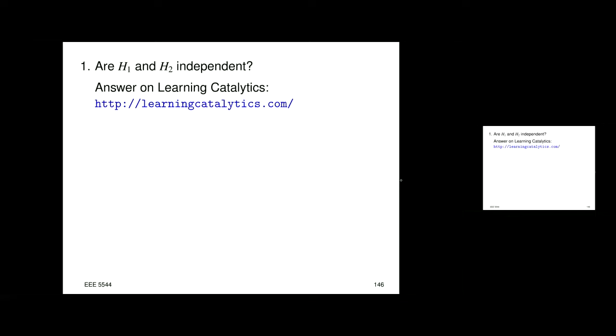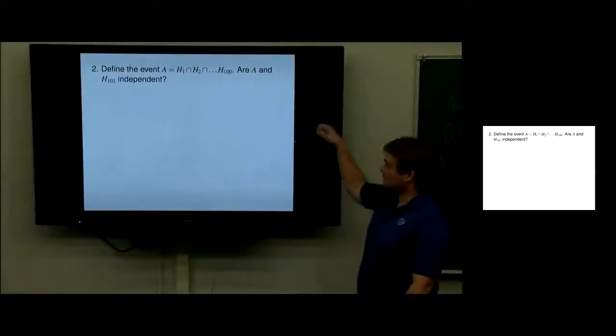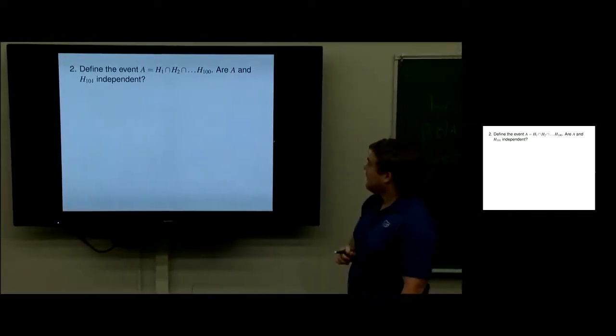We're going to continue with the lecture. So I defined H1 and H2, and we asked whether or not those are statistically independent. In a perfect world, you could have done learning catalytics. How about this event? A equals H1 intersect H2 through H100. Does that change things?